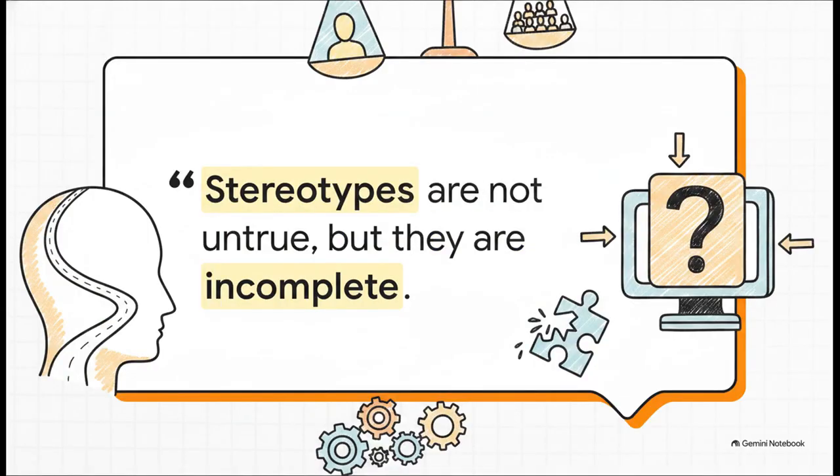The brilliant author Chimamanda Ngozi Adichie has this great warning. She says, the single story creates stereotypes, and the problem with stereotypes is not that they are untrue, but that they are incomplete. A single narrative inevitably leads to marginalization, and that is exactly what happens when AI only reads one side of history. It completely misses the big picture.